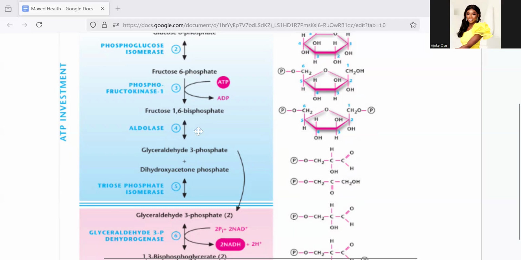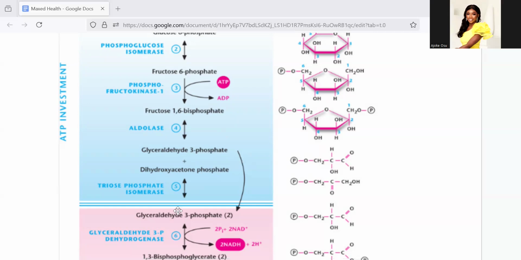That's dihydroxyacetone phosphate and glyceraldehyde 3-phosphate. They are isomers of each other, but only one, glyceraldehyde 3-phosphate, can directly continue through the next step of glycolysis. In the 5th step, the dihydroxyacetone phosphate is converted to glyceraldehyde 3-phosphate.